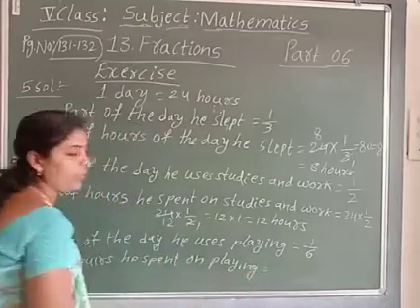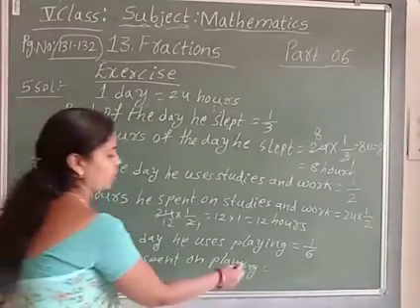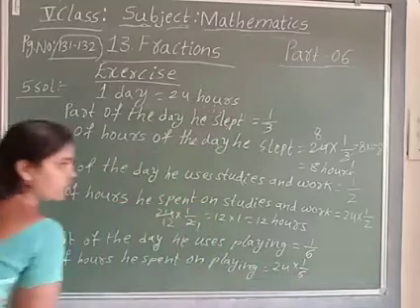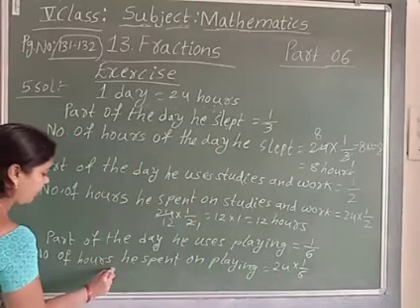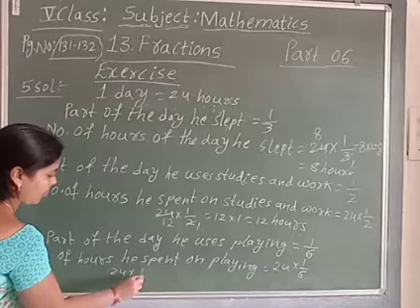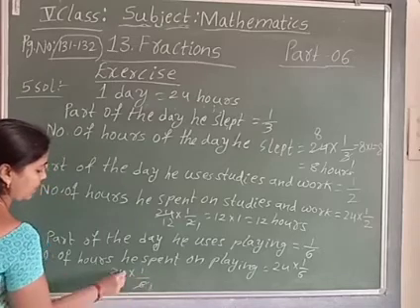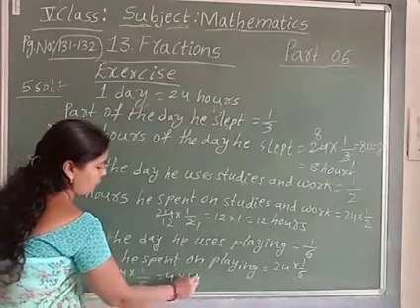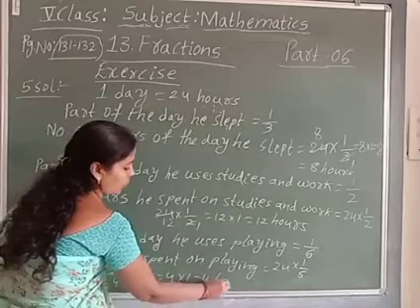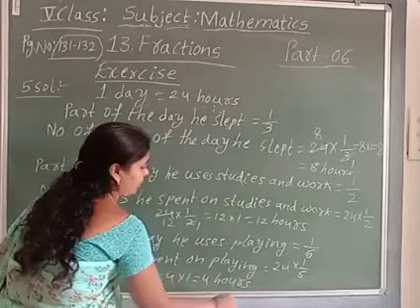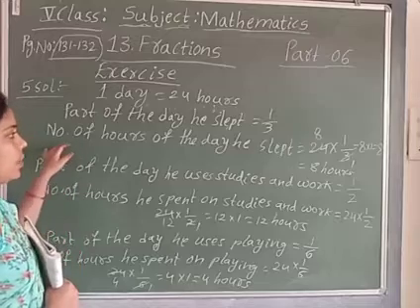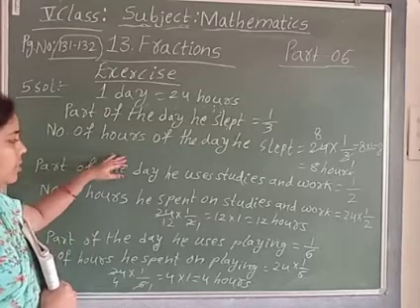Playing out of 24 hours total. 24 into 1/6. See here, cutting will come easy, no? 6 1s are 6, 6 4s are 24. So 4 1s are 4. 4 hours.